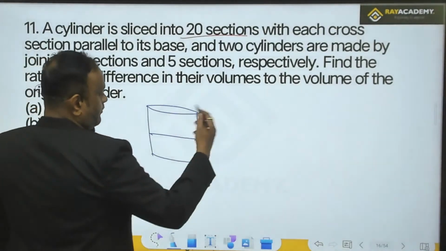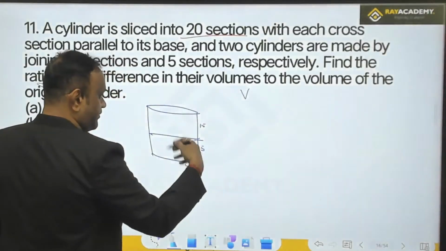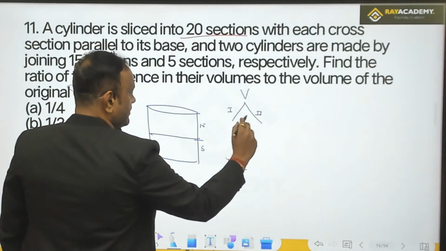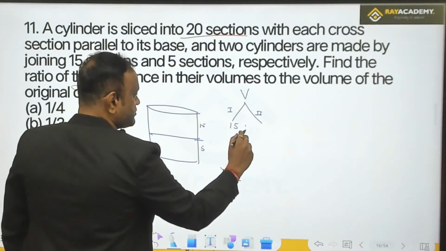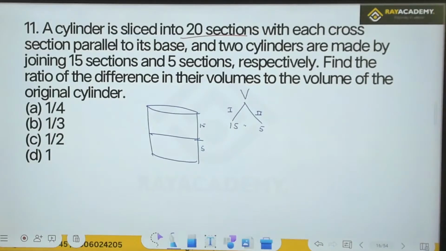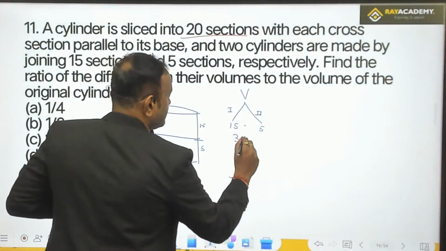Effectively, if the total is volume V, this is the first section and this is the second section, we are dividing in the ratio of 15 part and 5 part. So this becomes 3:1.